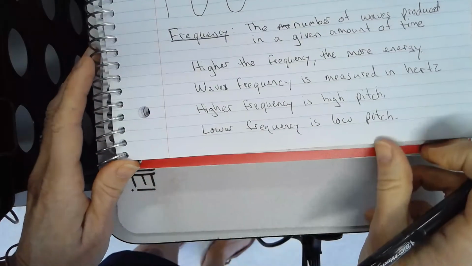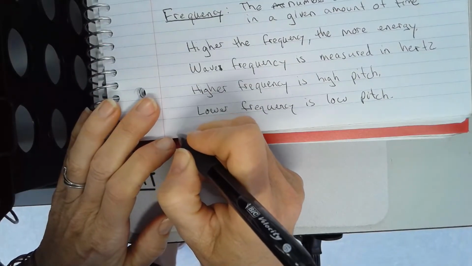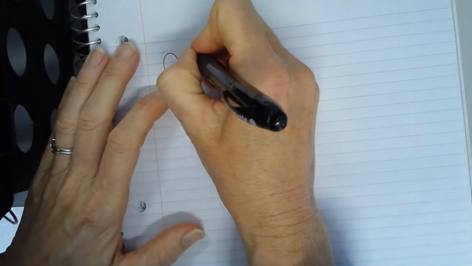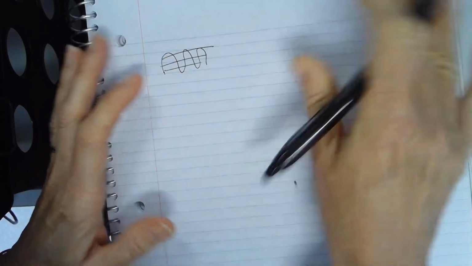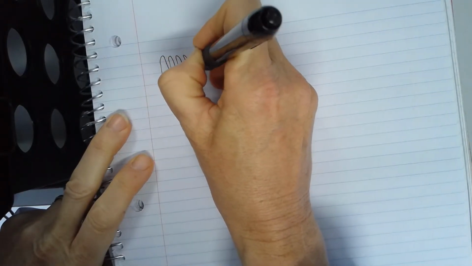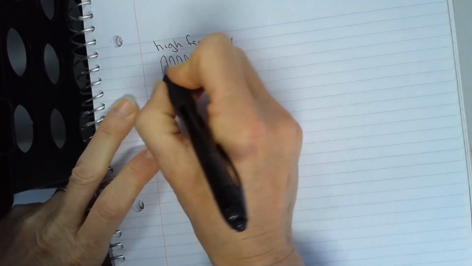Okay, and the way you're counting your frequency is by wavelengths. So if you have, actually I want to do this on another page. So a high frequency, nothing to do with amplitude, a high frequency, you're going to have a lot of wavelengths. Let me do a better one. High frequency would be, you have a lot of wavelengths. So this is a high frequency, because you have a lot of wavelengths.